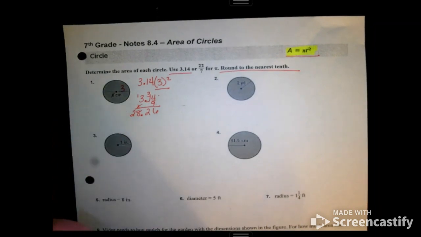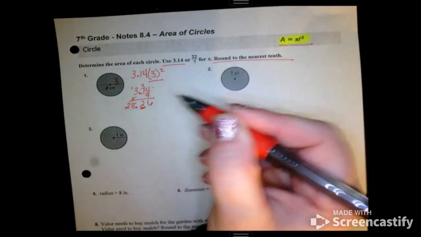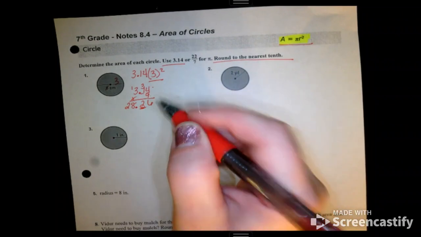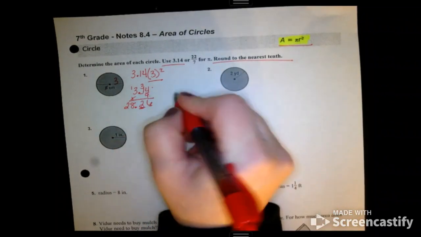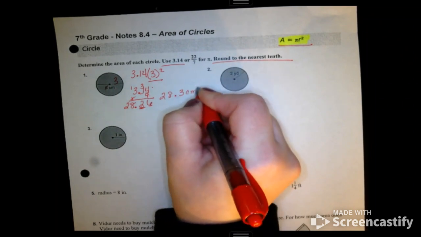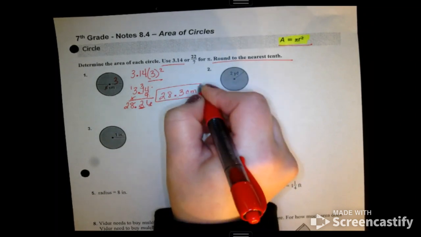Which place after the decimal is the nearest tenth? The first one, okay? So I'm looking at the 2. What does that 6 tell me I have to do? Go up. Because if it's 5 or more, I add 1 more. So it's 28.3. We talked about that in the last class period.